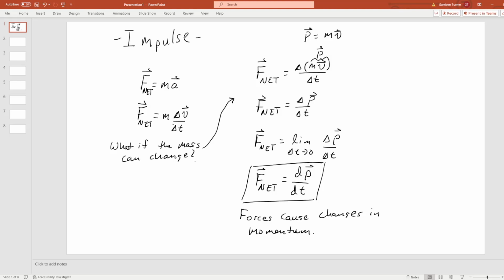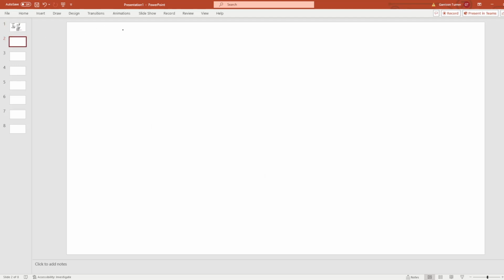So with that, we can actually recast Newton's laws in terms of momentum, and they actually become a little bit more compact now.